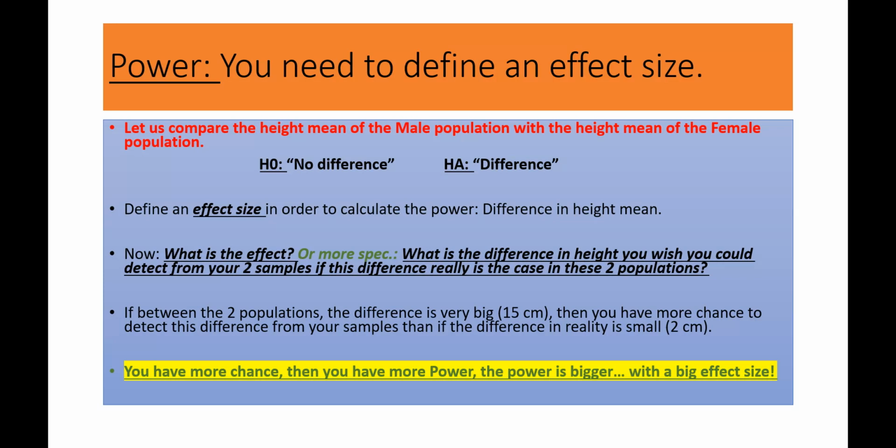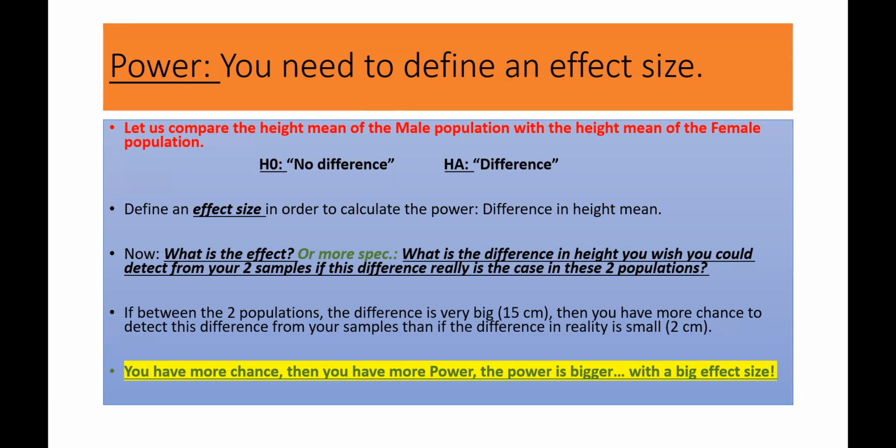If in reality in the population, the difference between men and women in height was just 2 centimeters, you would need more than just 4 men and 4 women. You need to increase the information in order to meet the fact that it is 2 centimeters.